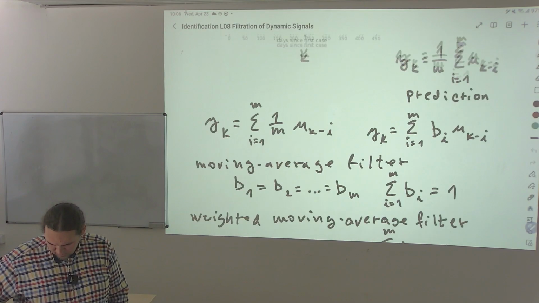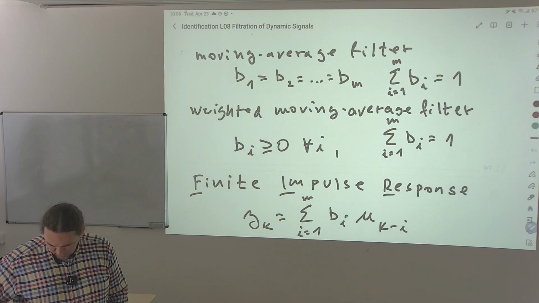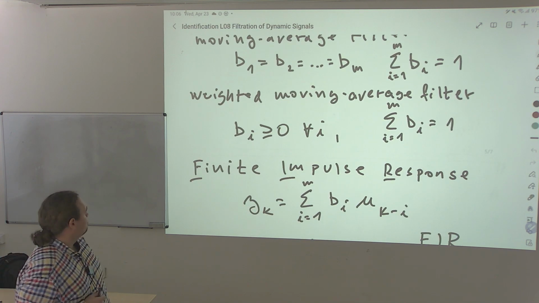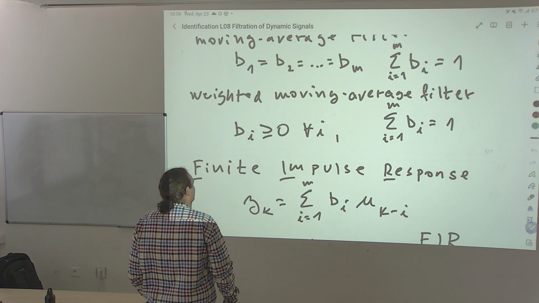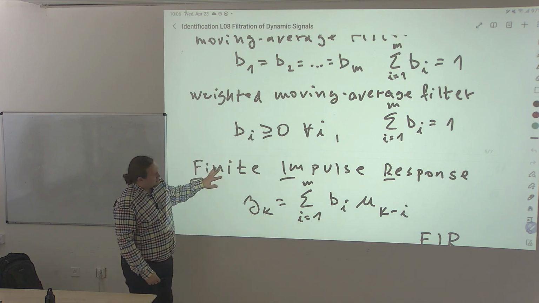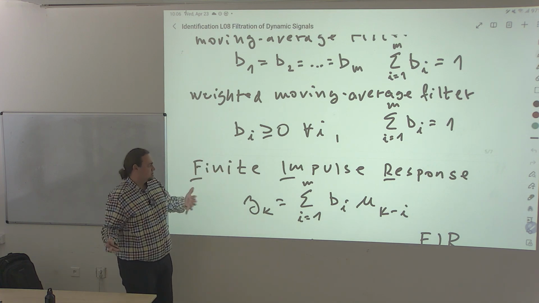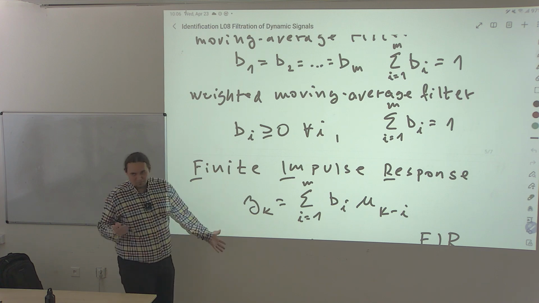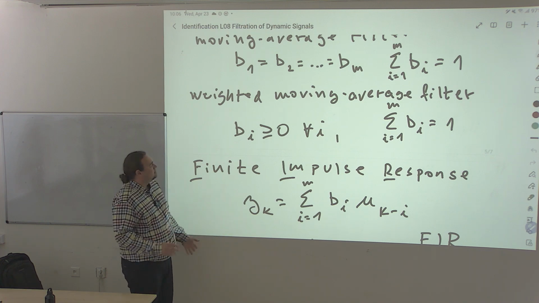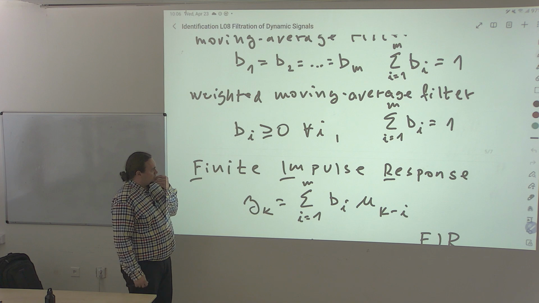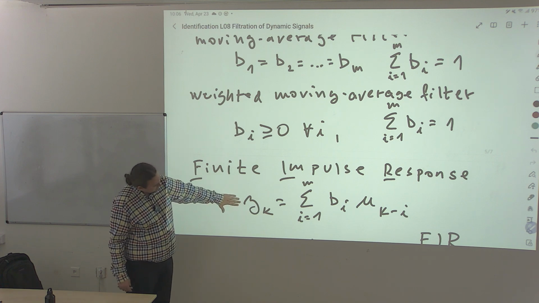And we have also found out that this filtration can be achieved by something which we called finite impulse response model, or finite impulse response filter. The two sides of the same coin.